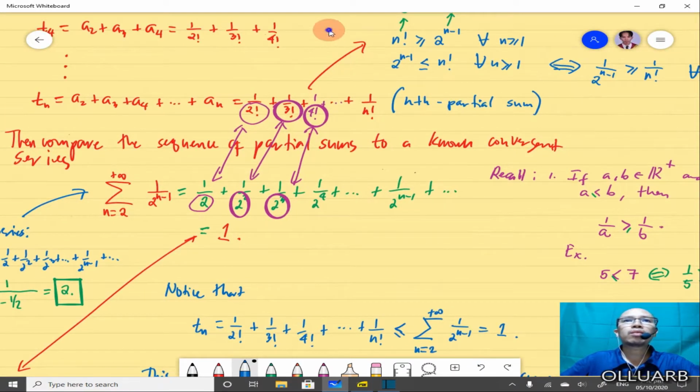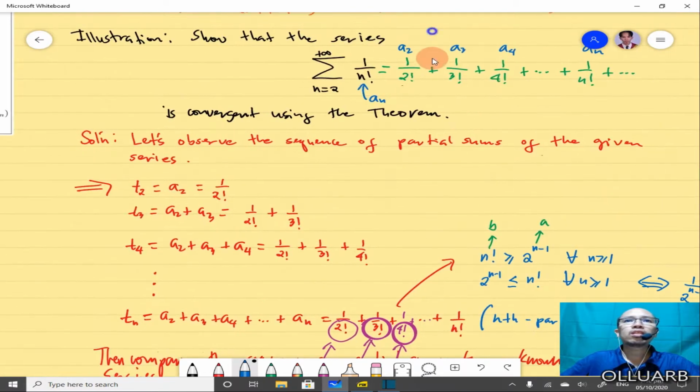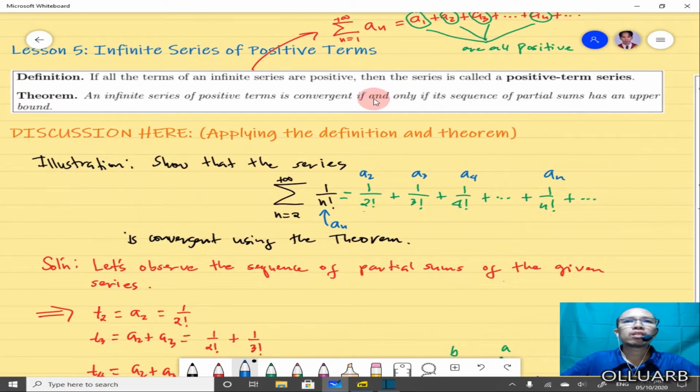So we have shown here in our theorem, if the sequence of partial sum has an upper bound, then the series is convergent.